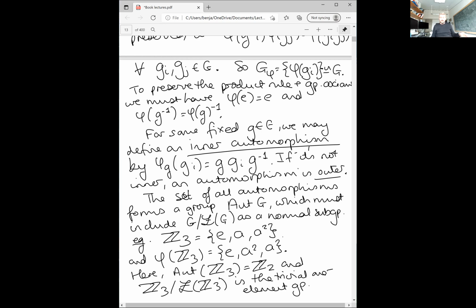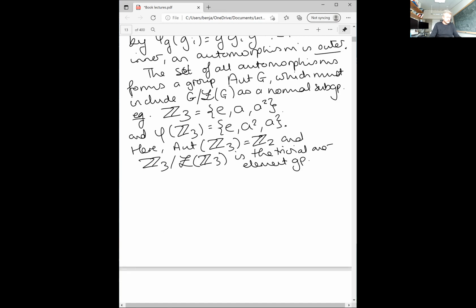Okay, good. So we've been mainly introducing these automorphisms because we need to define a new kind of direct product, because Poincare representations of groups use this particular kind, and it's called a semi-direct product.